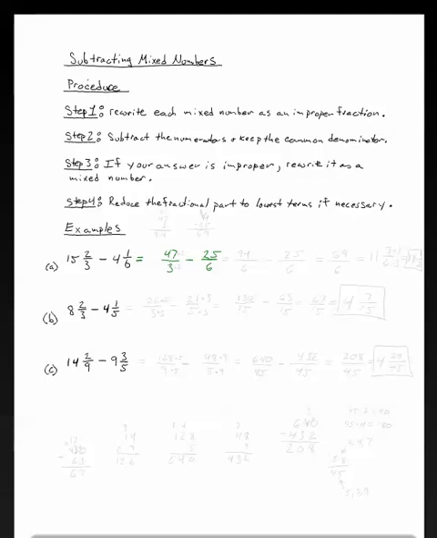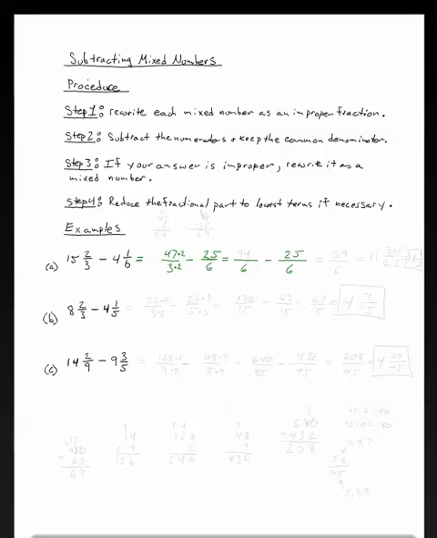Now we need a common denominator. And the common denominator between 3 and 6 is 6, because 3 times 2 is 6. Whatever we do to the denominator, we also have to do to the numerator. So we know our common denominator is 6.